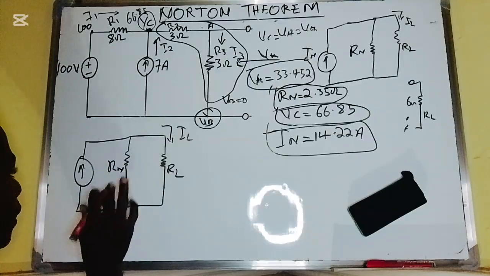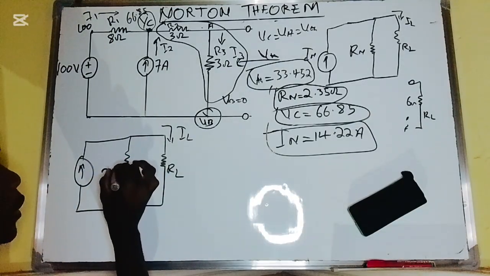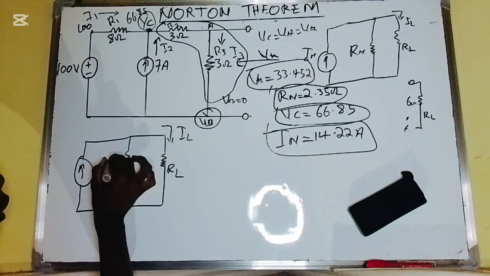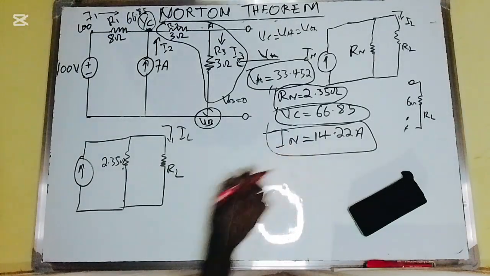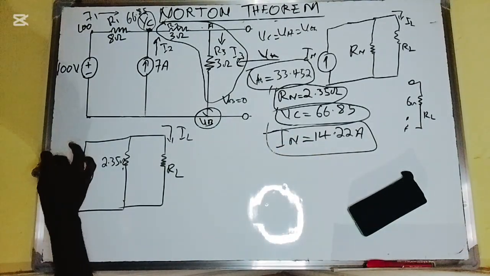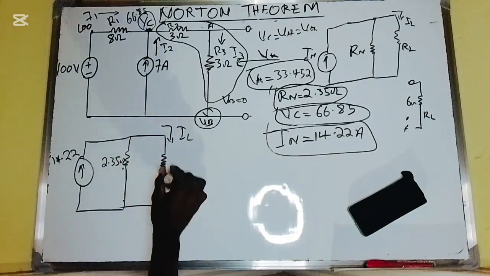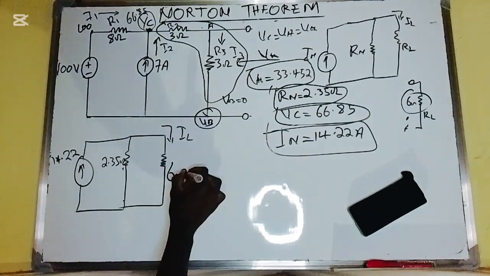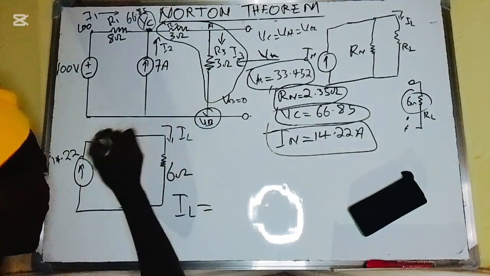This is Rn, and the value of Rn is 2.35, and the Norton's current is 14.22. So how can I find this? My RL is 6.